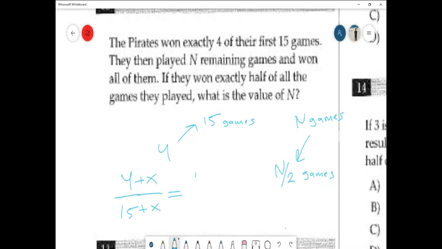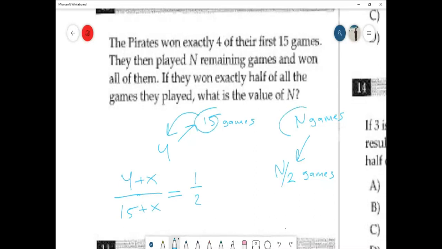When they play x games more, that means they have won all of them. When I take the ratio of them, it will be 1 over 2. This is much easier for you, but the other way was a bit harder. Do you understand now?